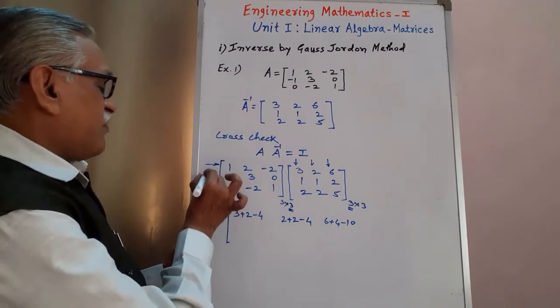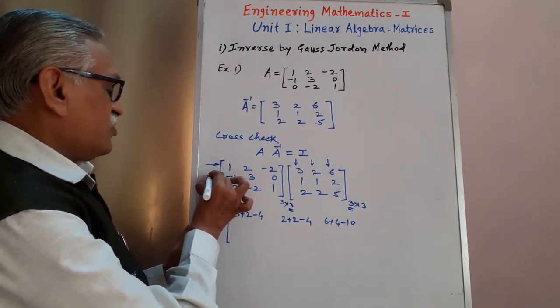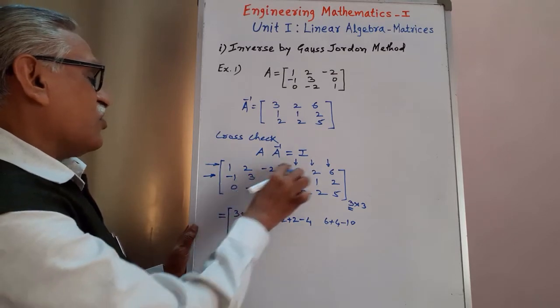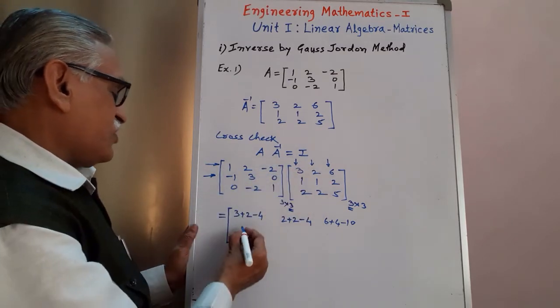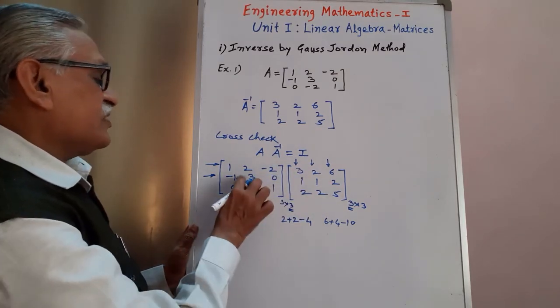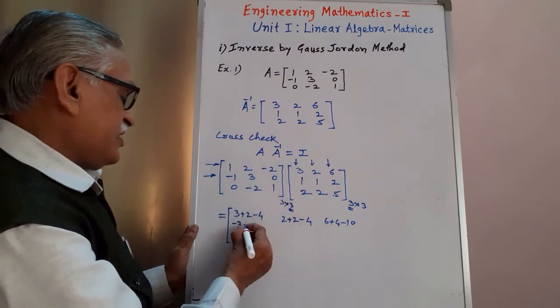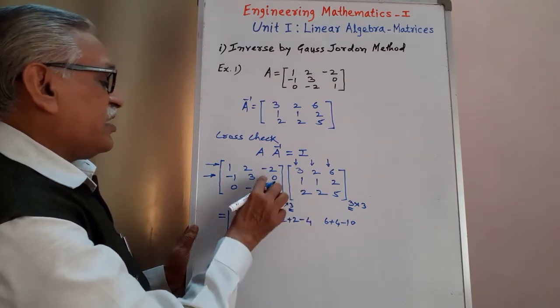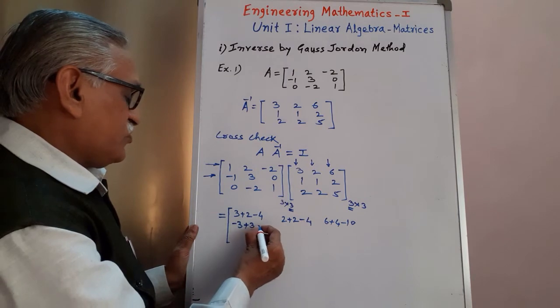Then the second row to the first column, minus 1 into 3 we get minus 3. 3 into 1 we get 3. And 0 into 2 we get 0.